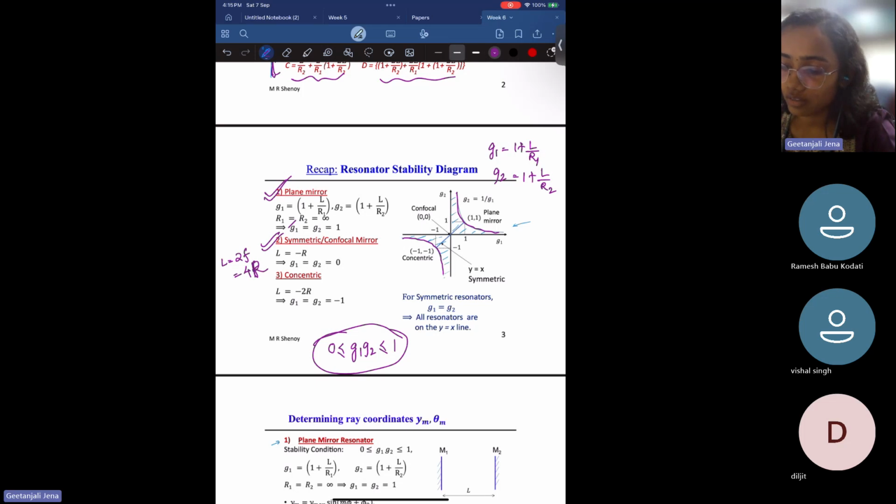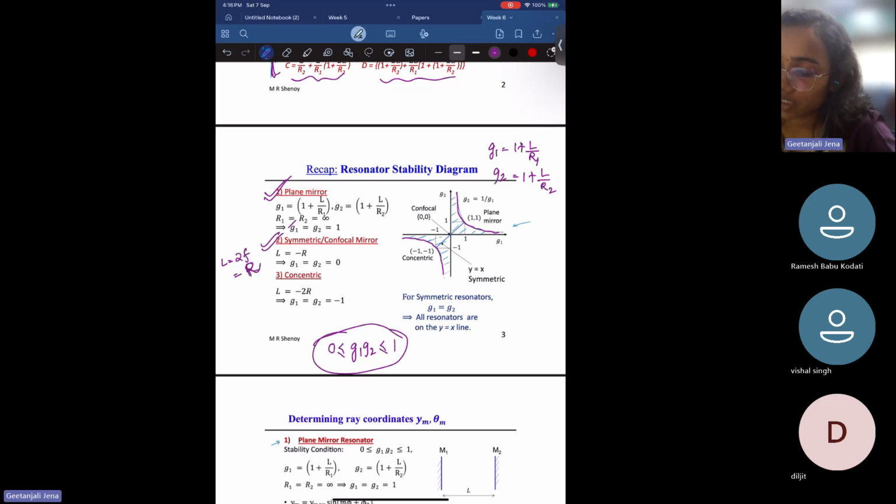Sorry, 4R, not F. We have seen if you take two symmetric concave mirrors, then for a concave mirror R is negative. So F is R by 2, right? There is a mistake here. F is R by 2. So this will be R.